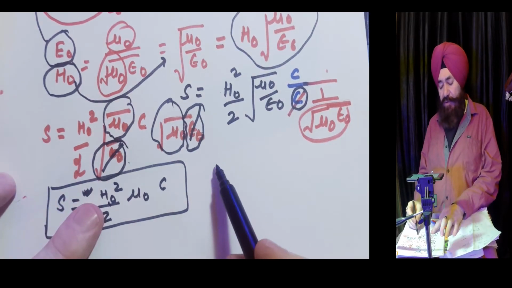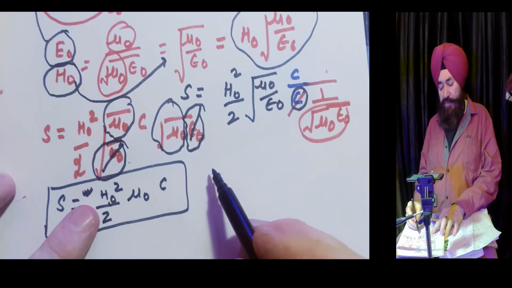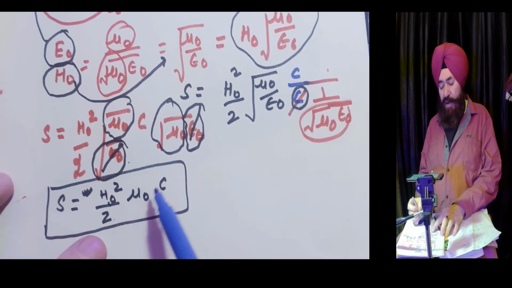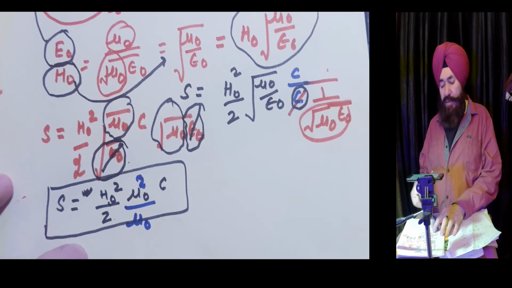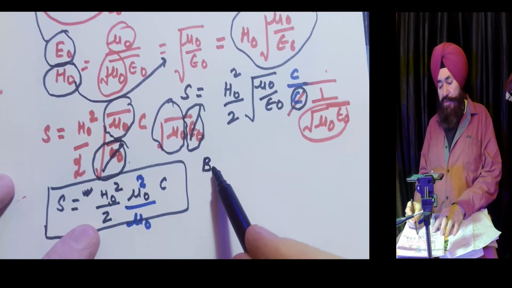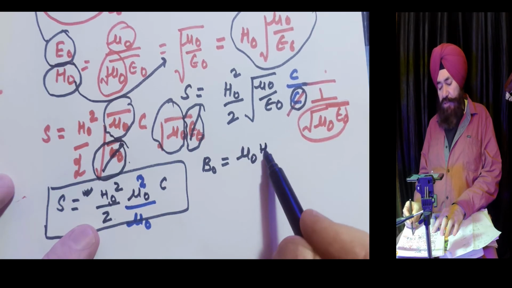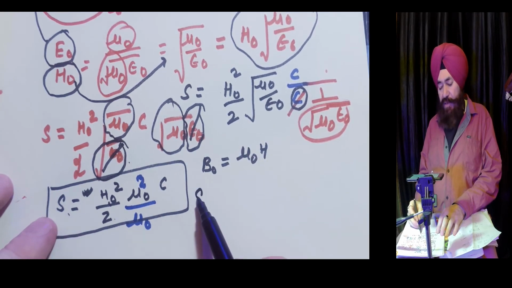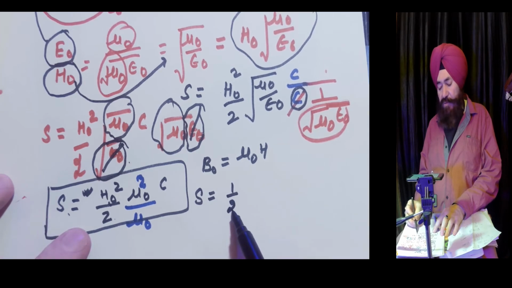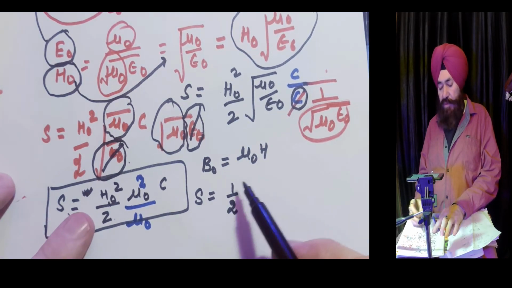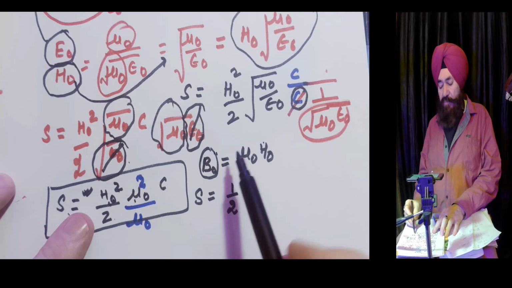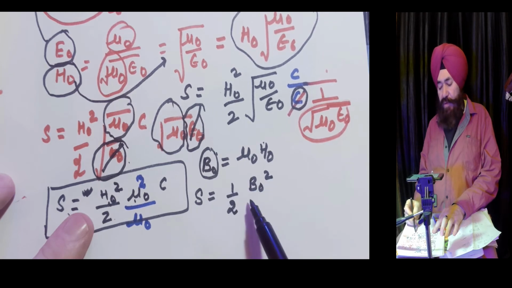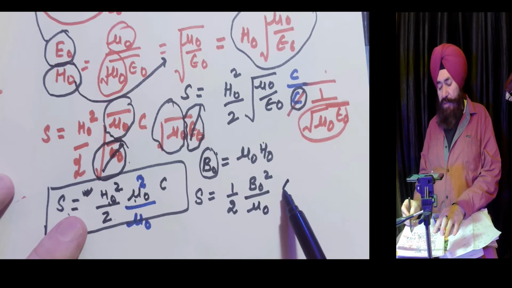If you replace the H naught, multiply and divide by mu naught, it becomes mu naught square and mu naught. B naught equals to mu naught H. So S becomes then 1 by 2 H naught square mu naught square. So this becomes B naught square upon mu naught into C.